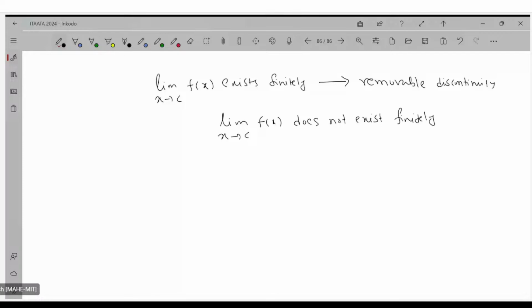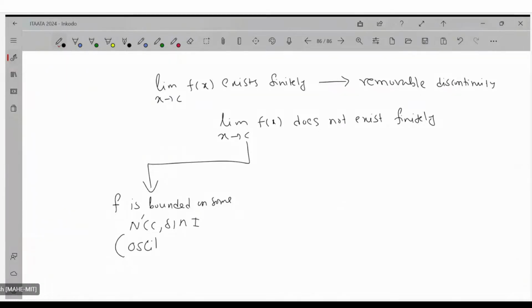Under this you have the case where f is bounded on some delta neighborhood, so f is bounded on some N'(c, delta) intersection I. What type of discontinuity are we saying this is? We are saying this is oscillatory discontinuity.